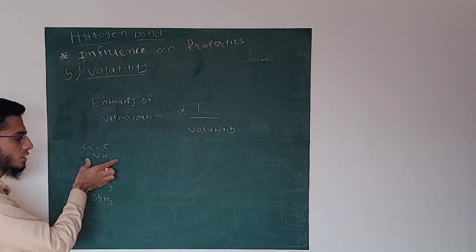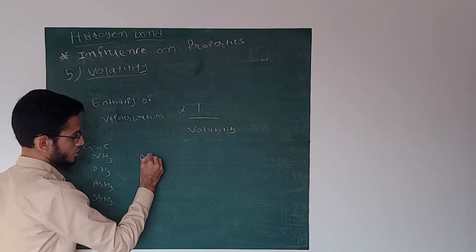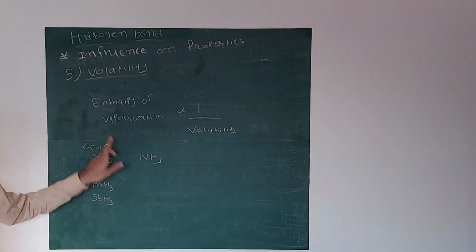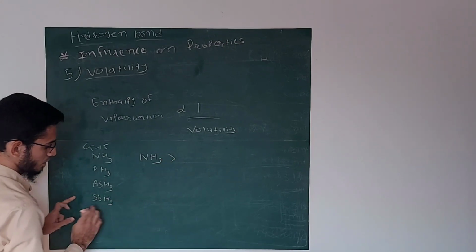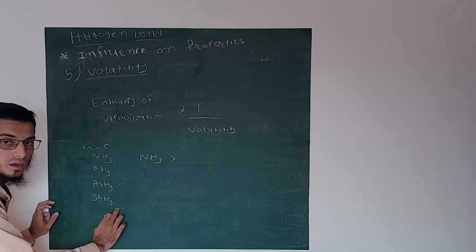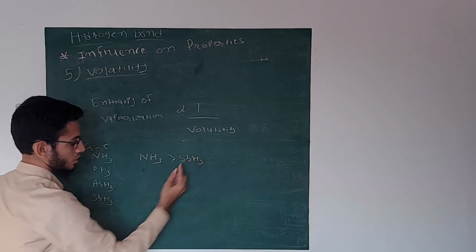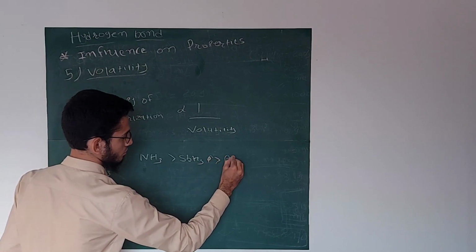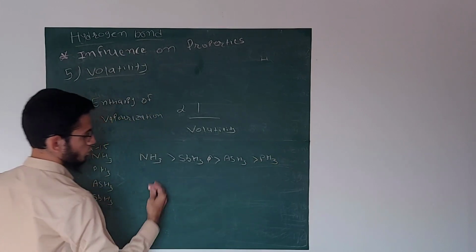The enthalpy of vaporization is higher for this. So I am drawing NH3 first. The enthalpy of vaporization is higher for NH3 than for SbH3, because in SbH3 the number of electrons is higher and van der Waals force increases. Then SbH3, then AsH3, then phosphine. This is for the enthalpy.